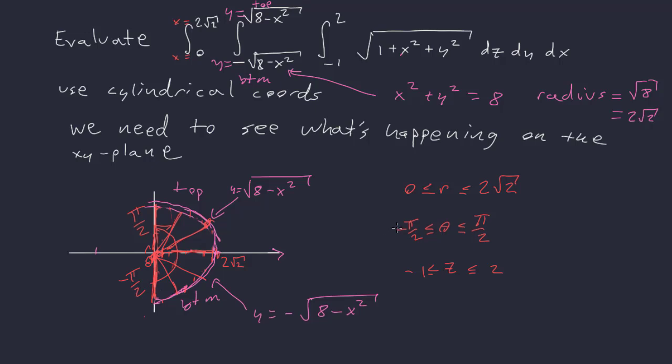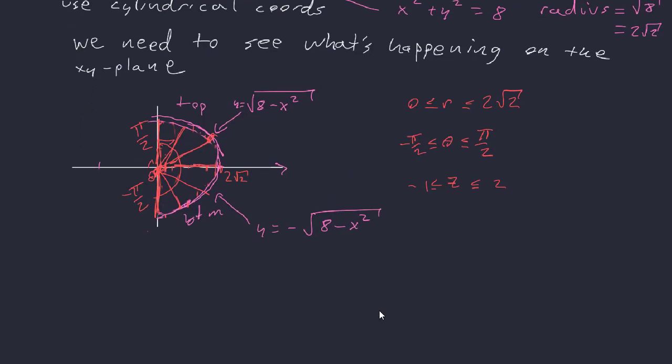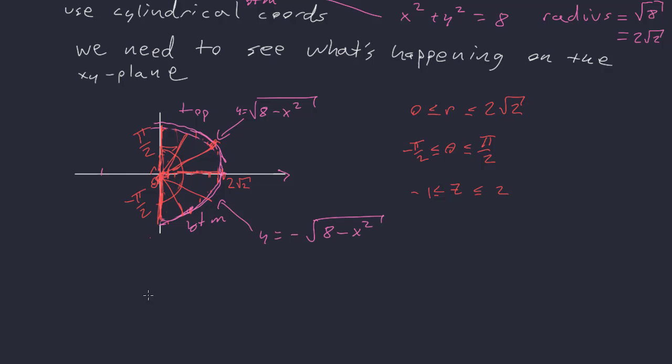Now, how I usually recommend doing it is I tend to set them up this way. All right, so the integral becomes, I like to do theta on the outside. So I'll do negative pi over 2 to pi over 2 on the outside, because your thetas are usually always going to go from constant to constant.